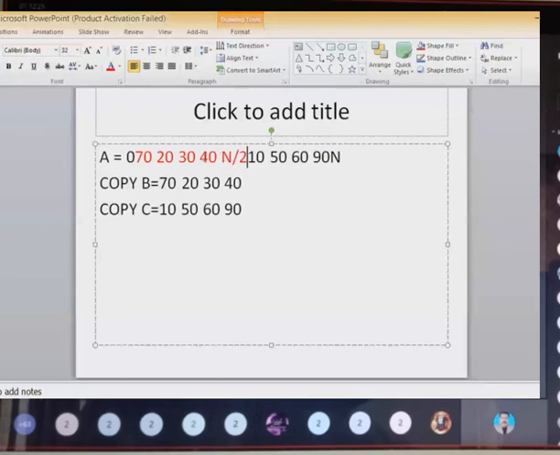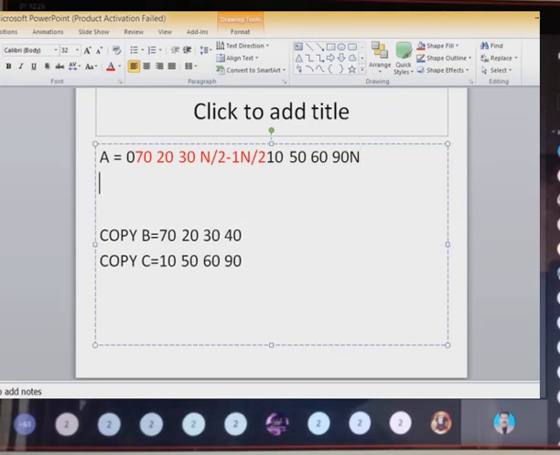Now, the previous to the middle element is what? n by 2 minus 1. Clear, everyone? I'll write it separately. The initial element is 0. The last element is n.